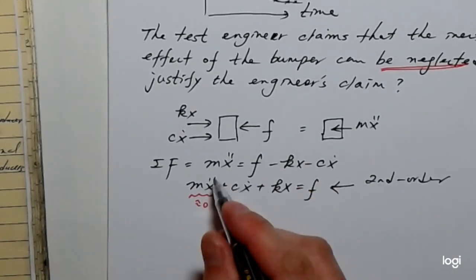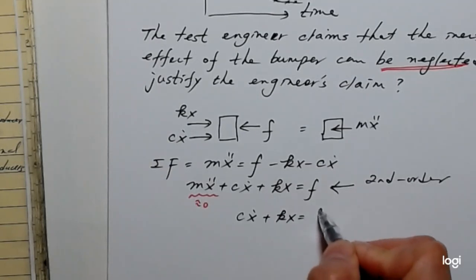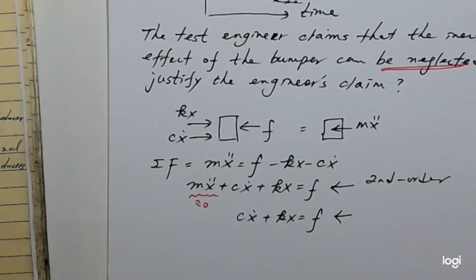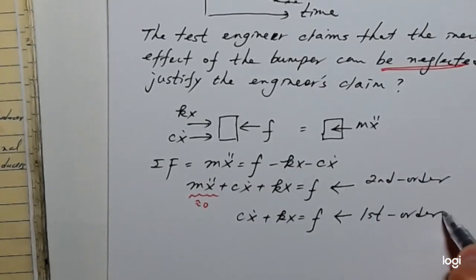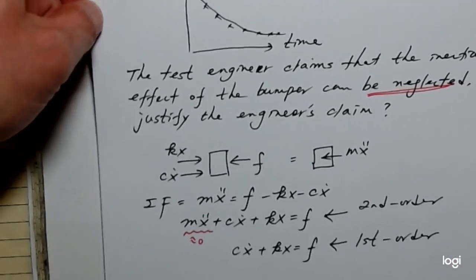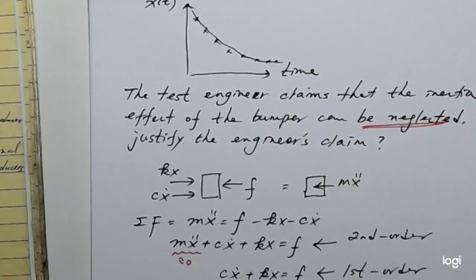Meaning this one will have this one right here, which is first order. In other words, this curve is a first order impulse response.